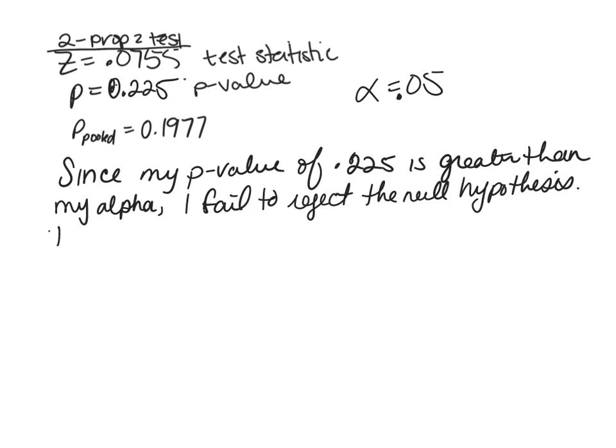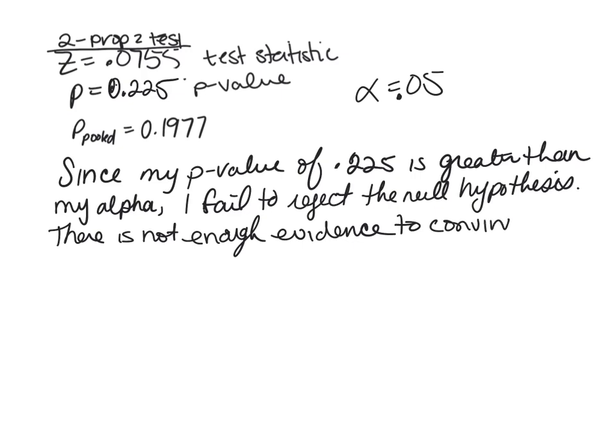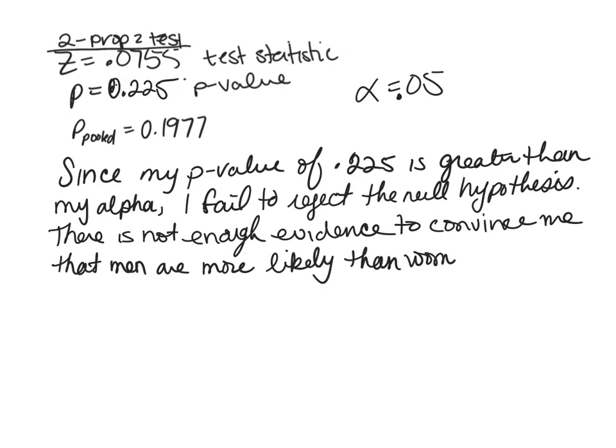And so there is not enough evidence to convince me that the question said men are more likely than women to make online book purchases. So there's not enough evidence to convince me that men are more likely than women to buy books online.